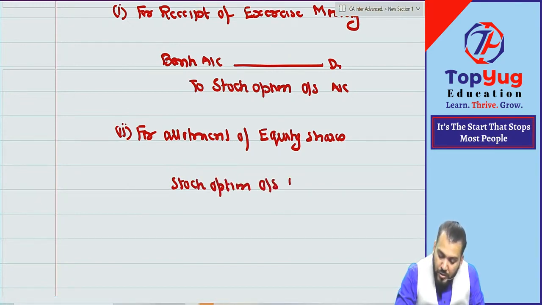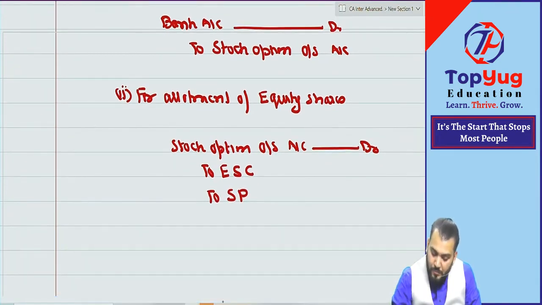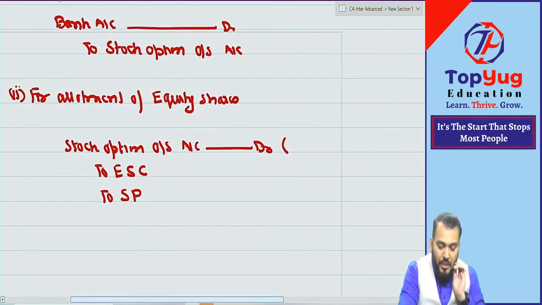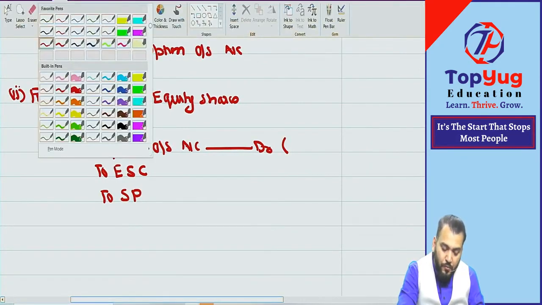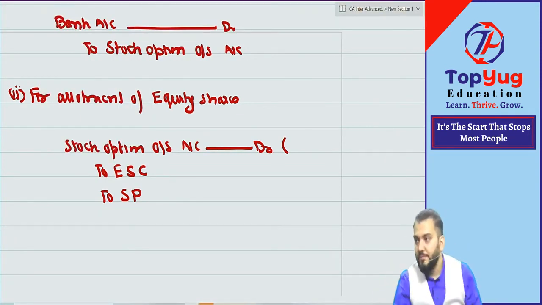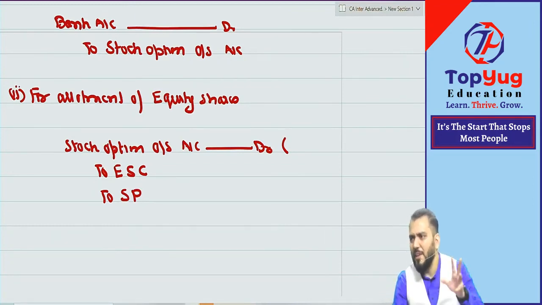Stock option outstanding account debit to equity share capital and to securities premium. Can you say stock option outstanding account in this case will be equal to what? Can we say value of option plus exercise price? Amortized value not.